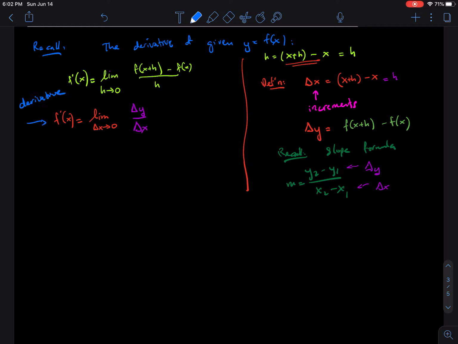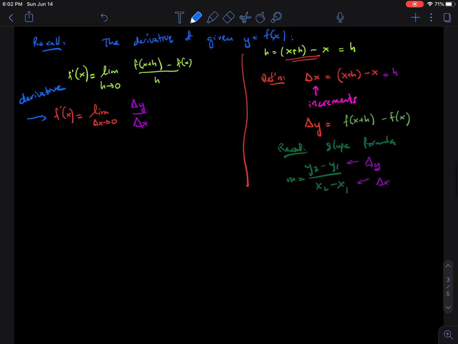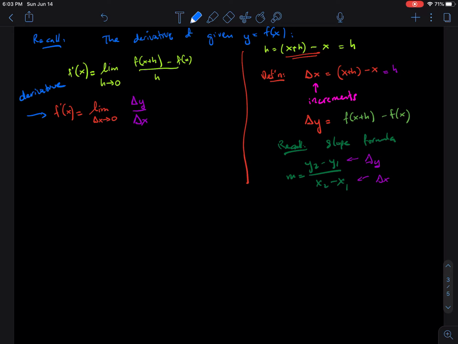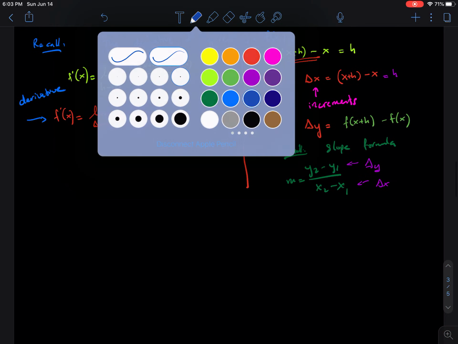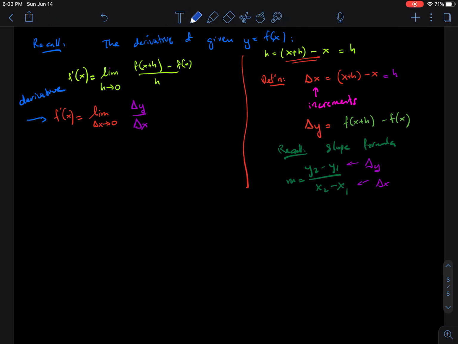What comes next is a little confusing. The limit concept is that we let some value tend to a certain number, in this case 0. So we are letting the change in x get very close to 0, meaning this denominator gets really, really small, and if the limit exists, then the left-hand side becomes f prime of x.